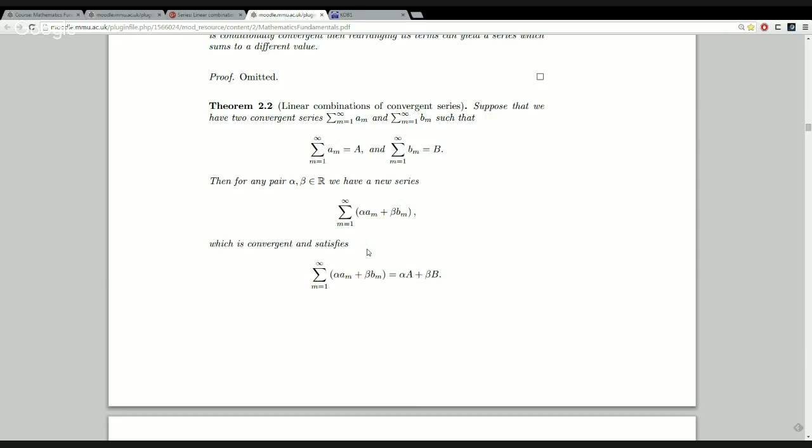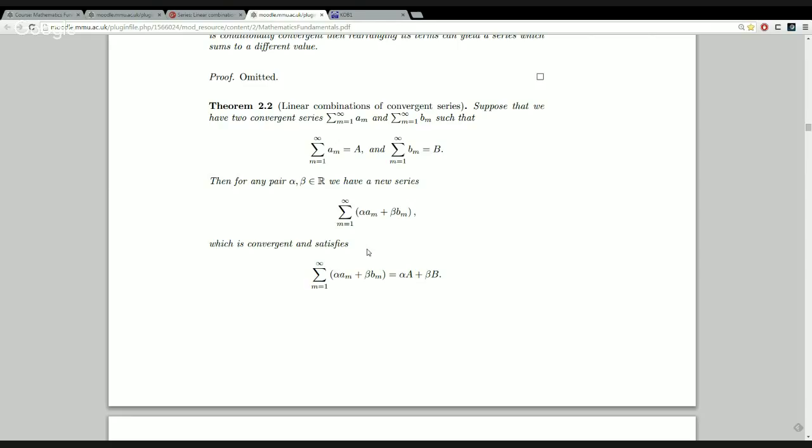Let me just give a quick example, as I should. Well, we know already that when you add up all the powers of a half, you get 1.